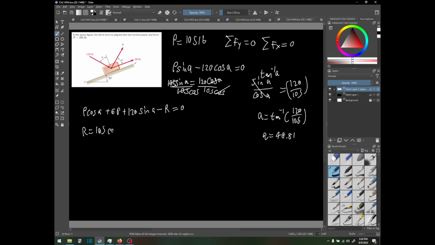105 cosine of 48.81 plus 60 plus 120 sine of 48.81.